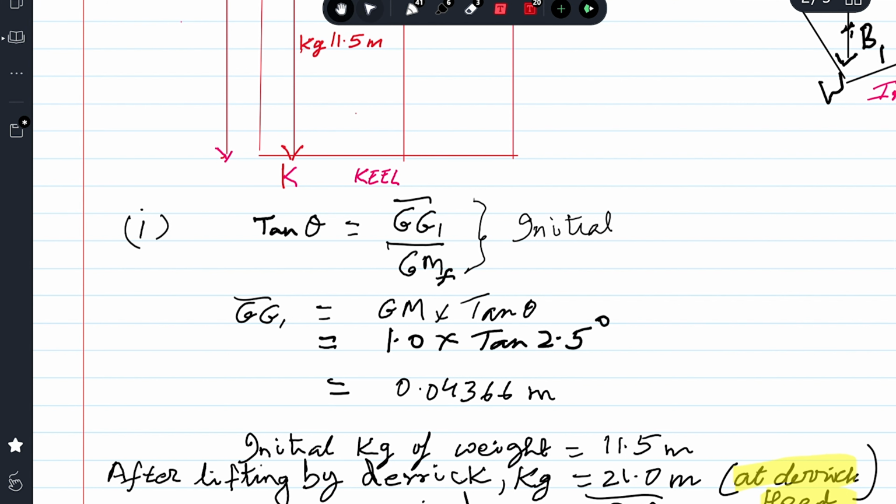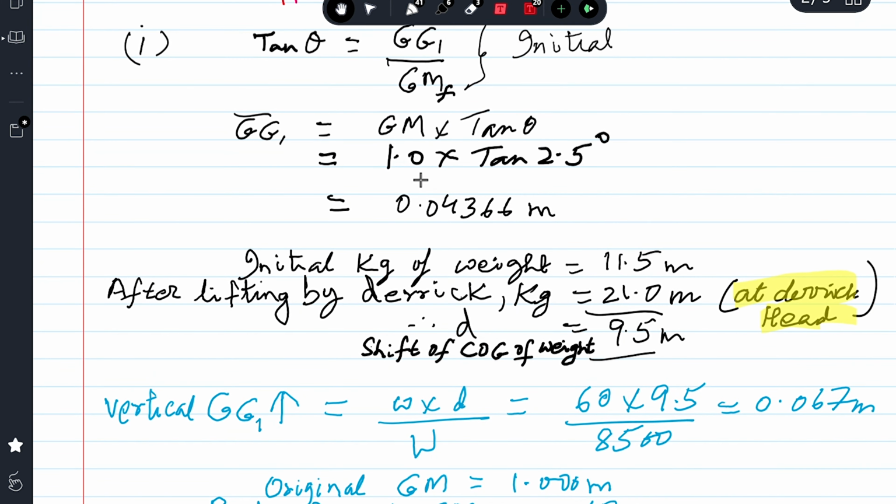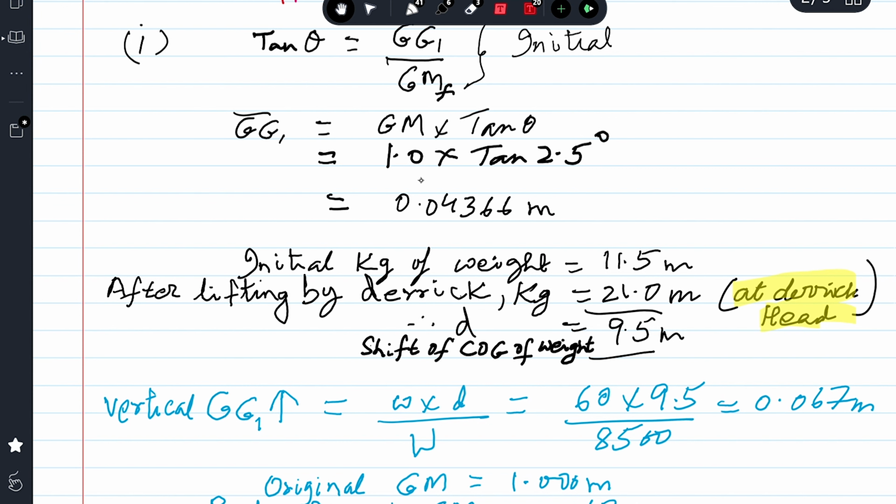Now initial KG of the weight is 11.5 meter. After lifting by derrick, KG will become 21 meter. It will shoot to the derrick head. Shift of center of gravity of the weight will be 21 minus 11.5, 9.5 meter, like the weight has shifted 9.5 meter vertically upwards.